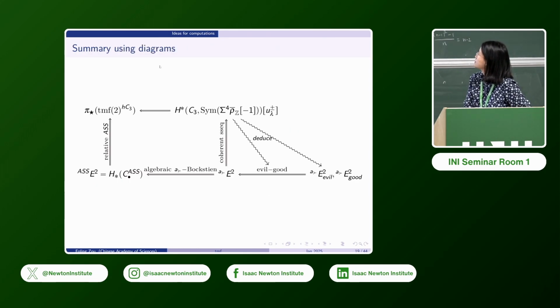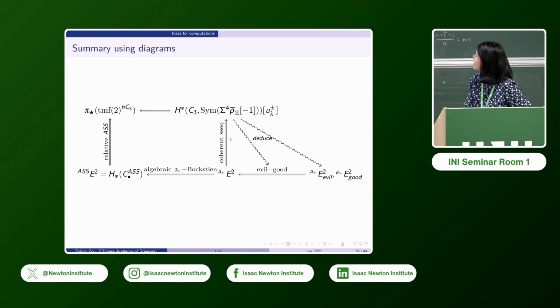Okay, so this is a summary of the roadmap using a diagram. We have this relative Adams spectral sequence, and we filter it so we have an algebraic a-spoke Bockstein sequence to compute. And then, to compute this part, we have the mod transfer part, which we call good, and we have the transfer part, which we call evil, and there is this evil-good sequence. And how do we deduce this?